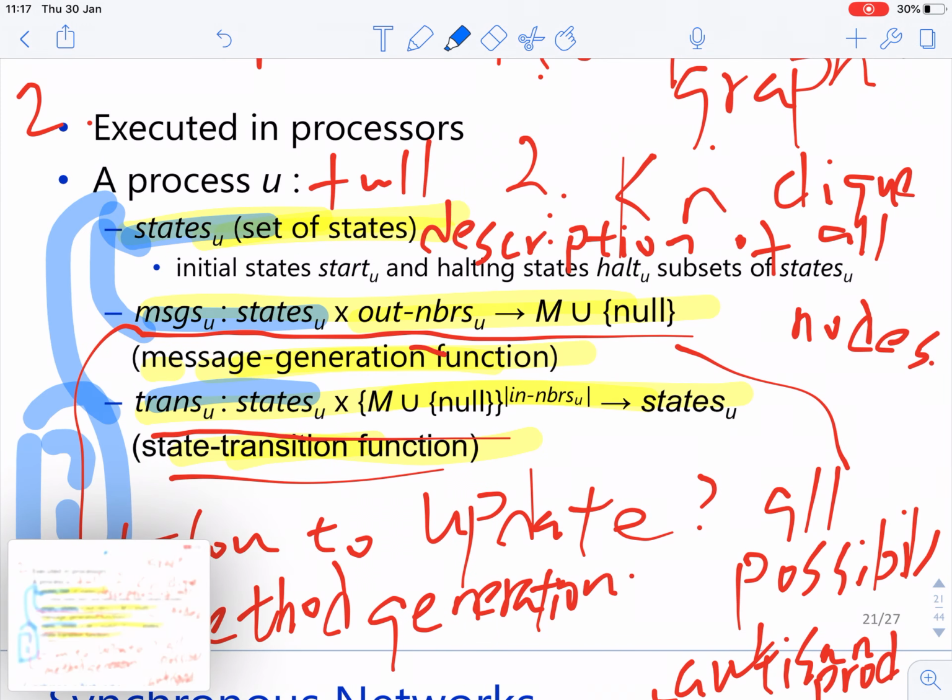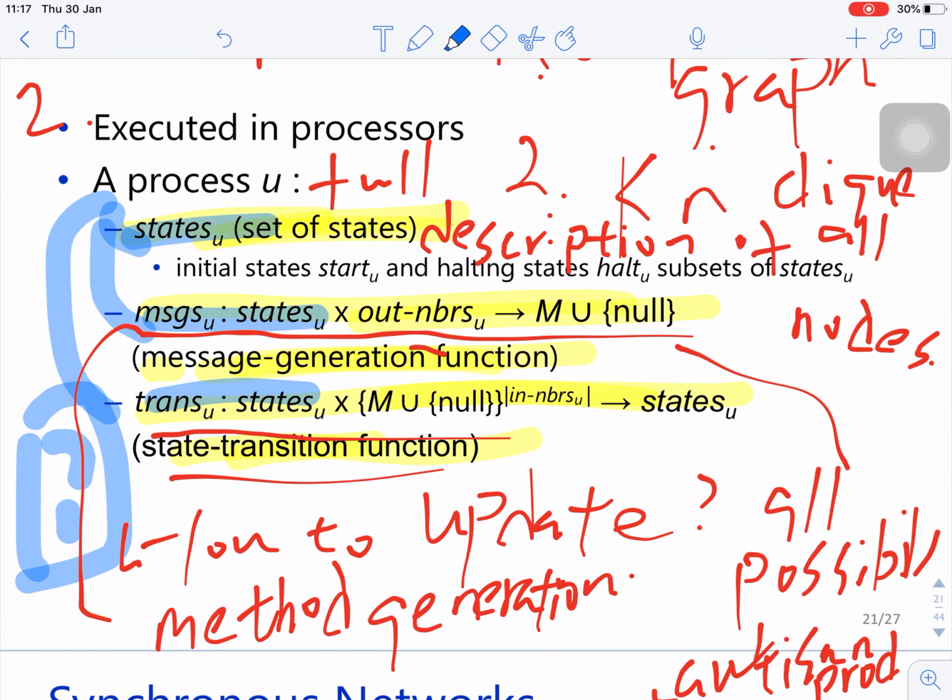Let's see: states U, which means the set of states. We have the initial state start U, the halting state halt U, and all the other states. The messages U is the states U Cartesian product with the outgoing neighbors of U, generating the set of messages M union null.